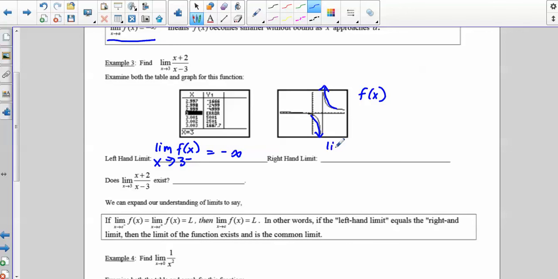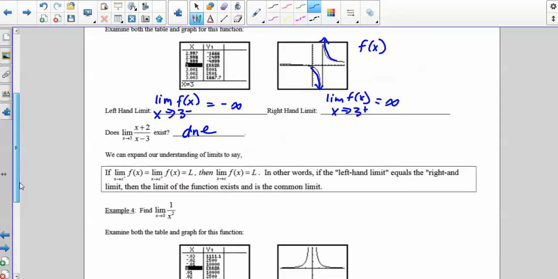And the limit of f of x as x approaches 3 from the right, that's over here, I'm on the right of 3 and I'm approaching 3. This is positive infinity. So does the limit exist? Well, the left side does not match the right side, so we're going to say does not exist.